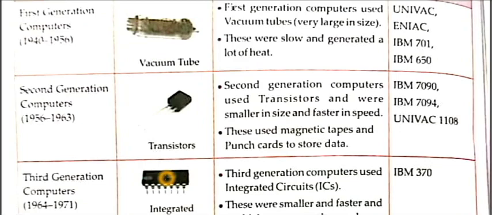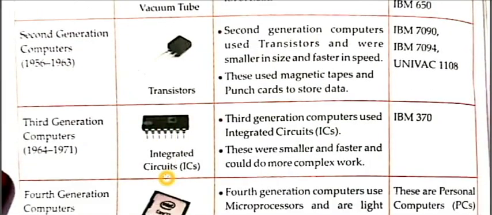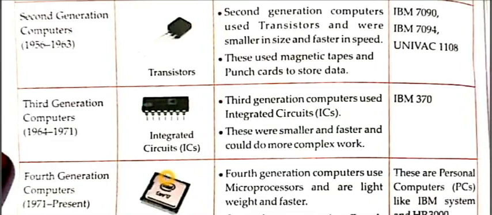Now, if we talk about the third generation of computers, here we used integrated circuits for the first time. In the period 1964 to 1971, third generation computers used integrated circuits, known as ICs. These were smaller and faster and could do more complex work. IBM 370 is an example of a third generation computer.